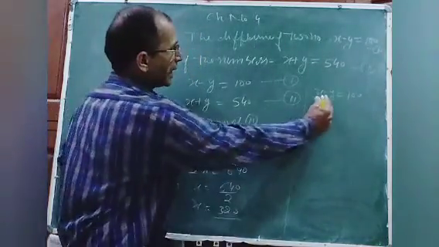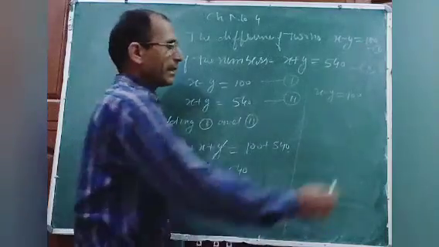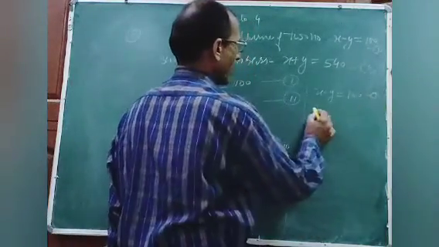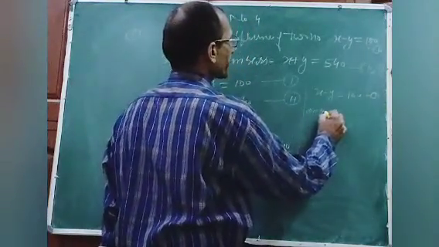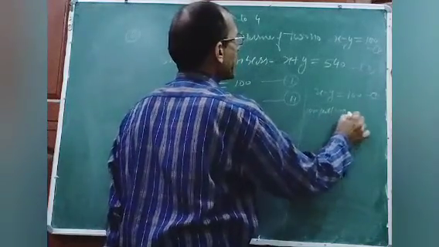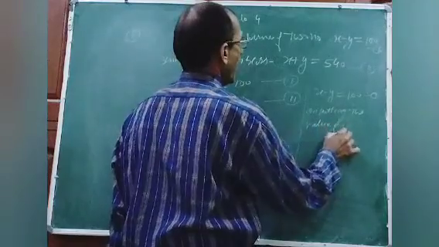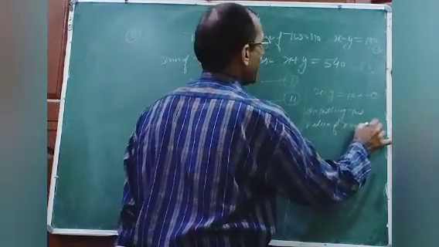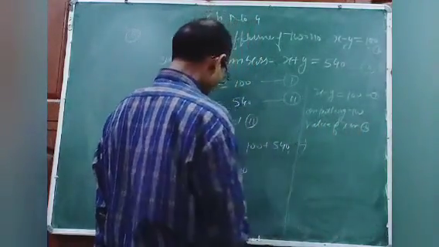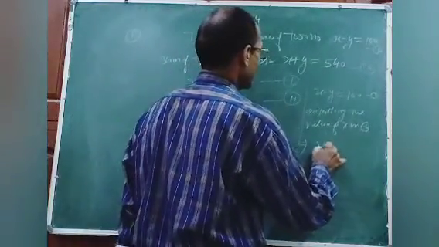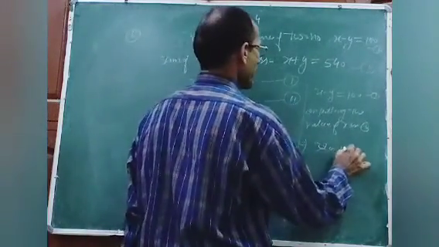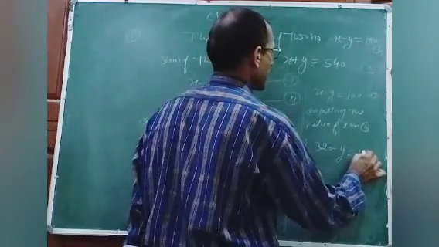So on putting the value of x in this equation, this is equation 1, on putting the value of x in 1, x is 320 minus y is equal to 100.